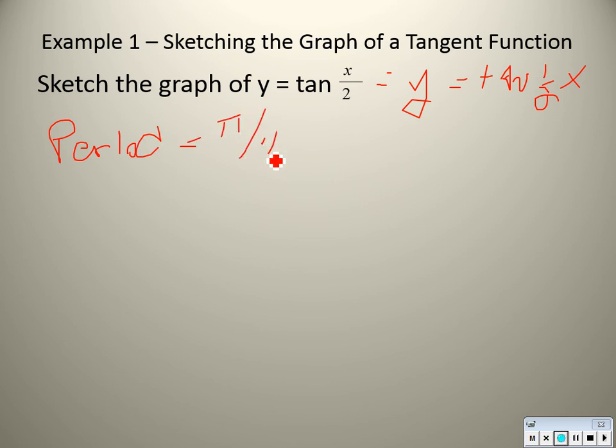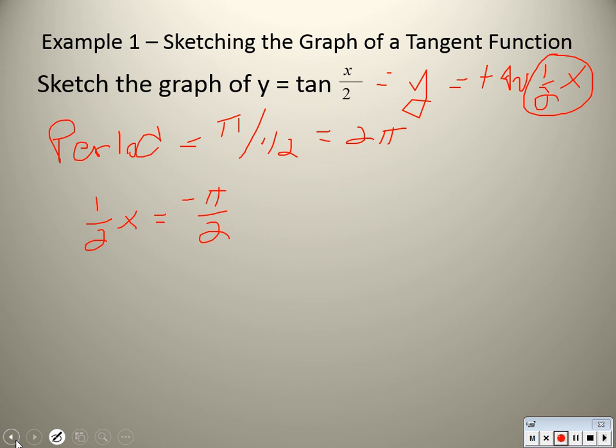In this case pi divided by 1/2 is 2 pi. So this graph has a period of 2 pi, and the distance between two consecutive asymptotes is 2 pi. To find where one set of consecutive asymptotes occurs, I'm going to take this 1/2 x and set it equal to negative pi over 2.